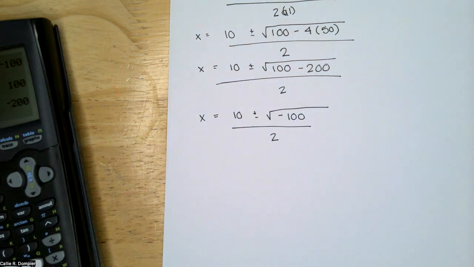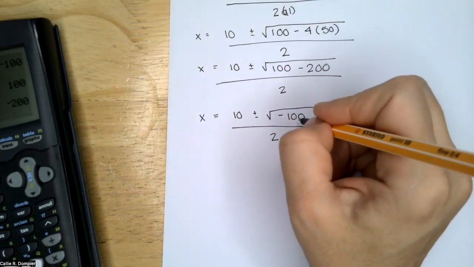Now, again, remember that sometimes your answer will be an imaginary number. When is your answer going to be an imaginary number? Your answer is going to be an imaginary number when you have a negative under the radical.